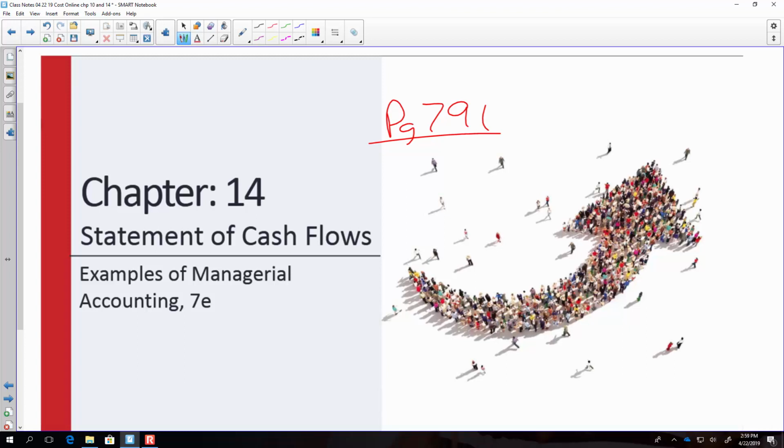So basically we're looking at 10 pages here, page 791 to page 801. We're going to only do the indirect method of cash flows.